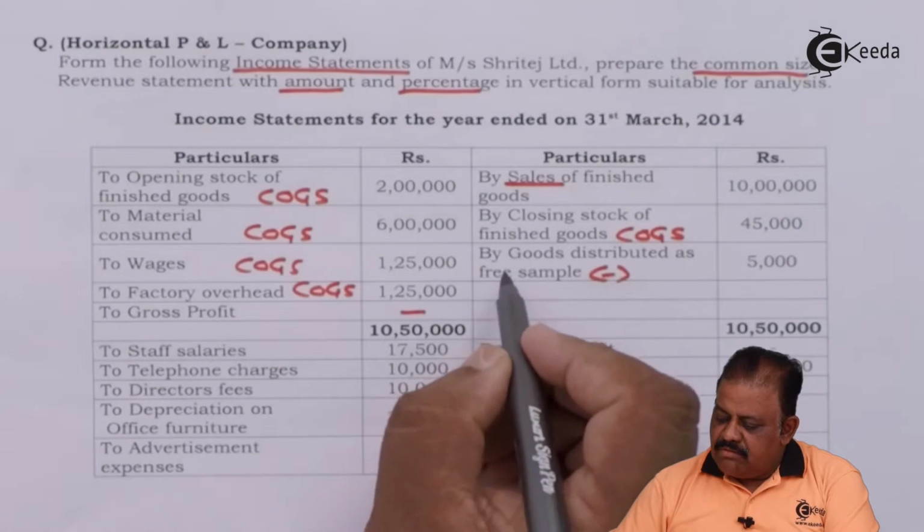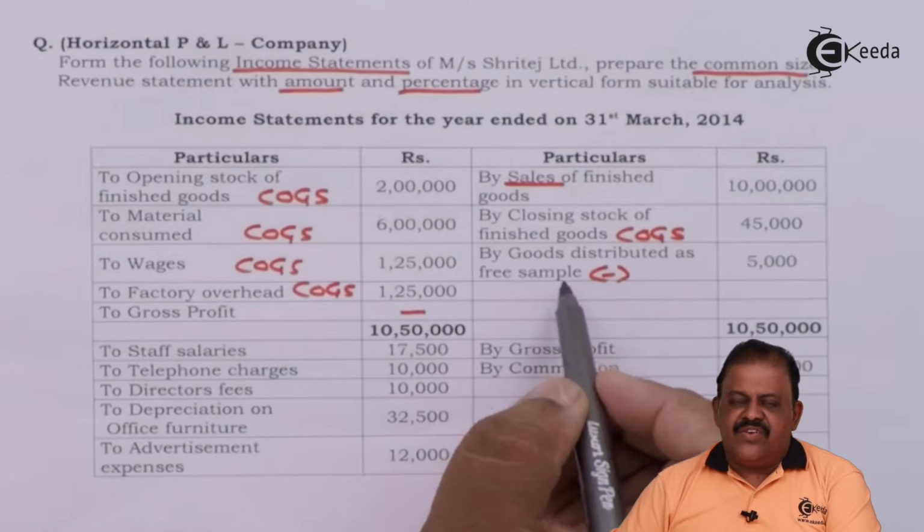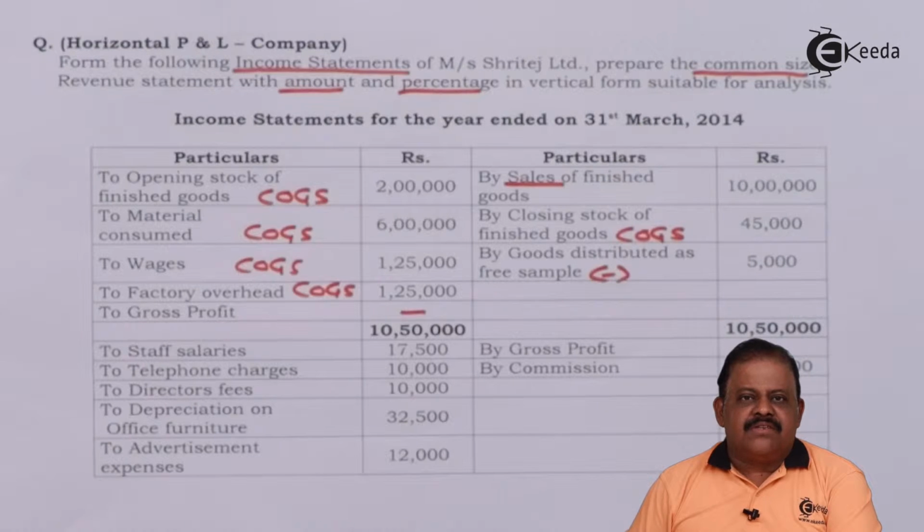This is a new point. Here goods are distributed as free samples for advertisement purpose.